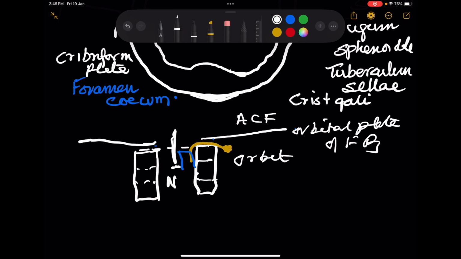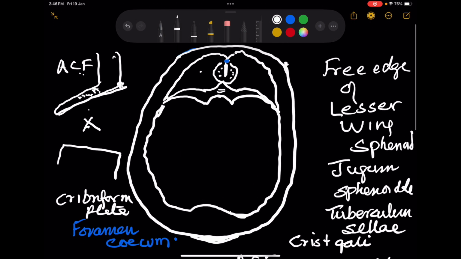And these foramina we will now place here. So there is the anterior ethmoidal foramen and the posterior ethmoidal foramen, passing the nerve from the nasociliary branch of the ophthalmic nerve into the anterior cranial fossa, and then from the anterior cranial fossa through the cribriform plate into the nose.